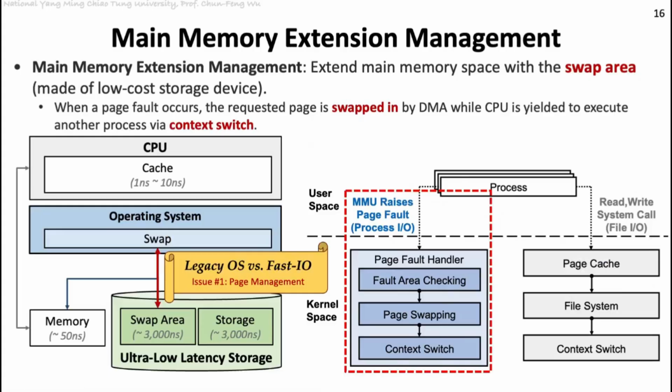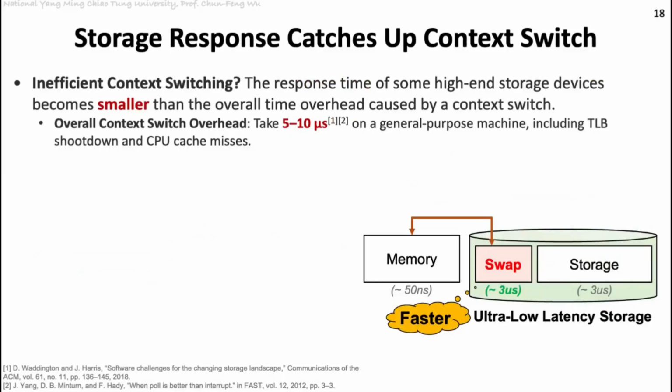So when the data is in a storage device and the CPU needs the data, the CPU will not busy wait for the data. The CPU will do a context switch, and let the data movement become asynchronous. But actually doing the context switch takes about 5 to 10 microseconds.